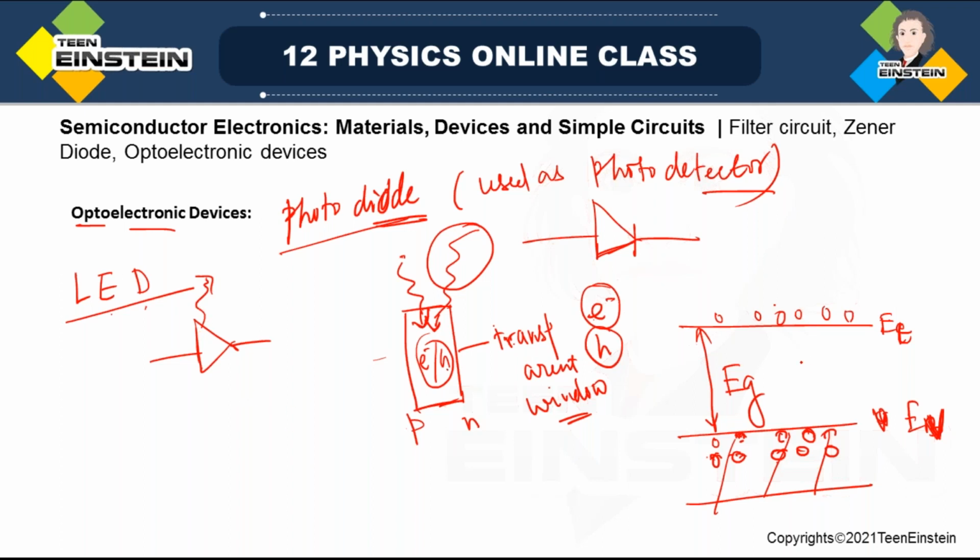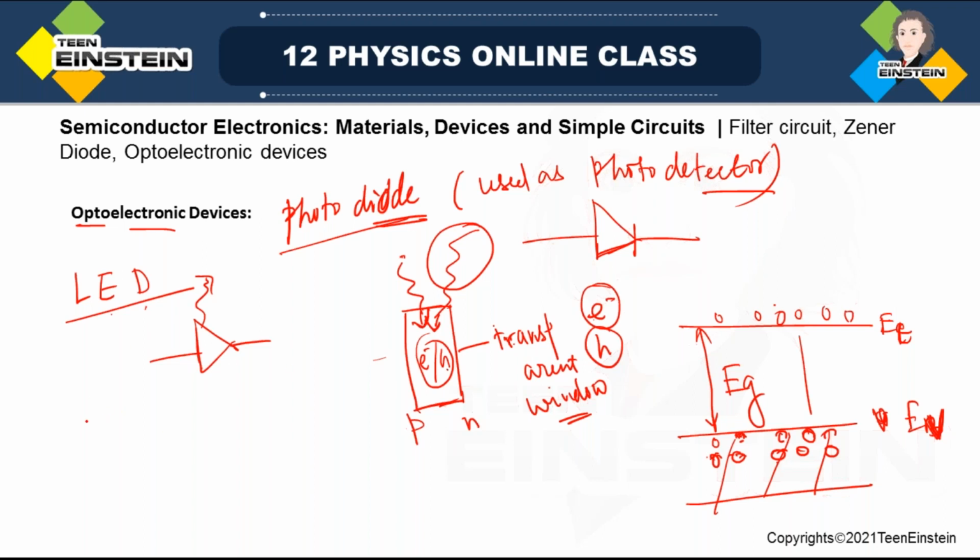All the phenomena in optoelectronic devices involve the generation of charges and the flow of charge carriers. We will discuss these things in detail in the next class.